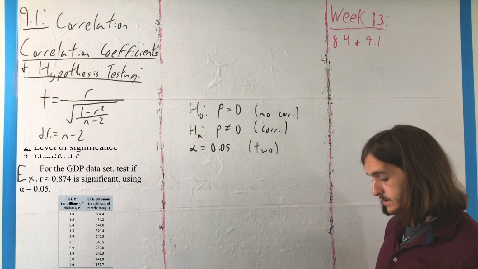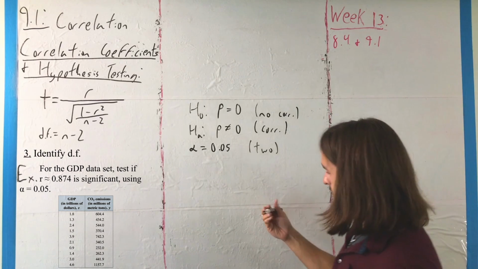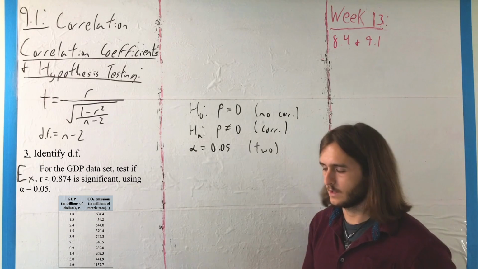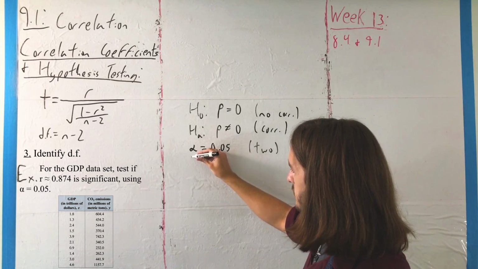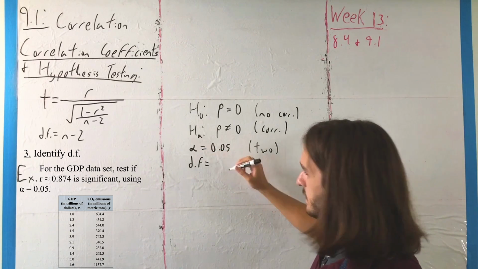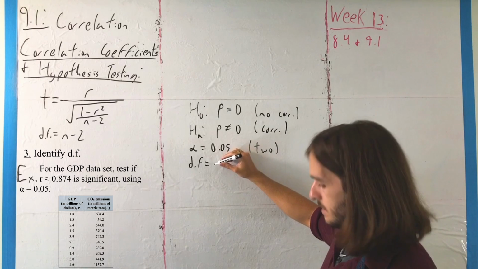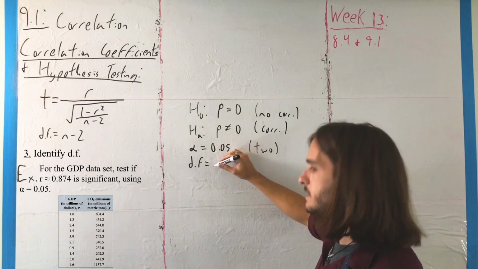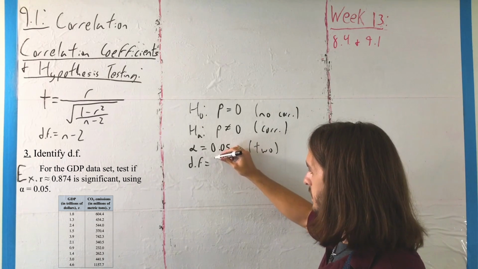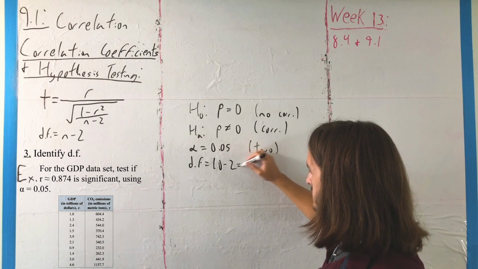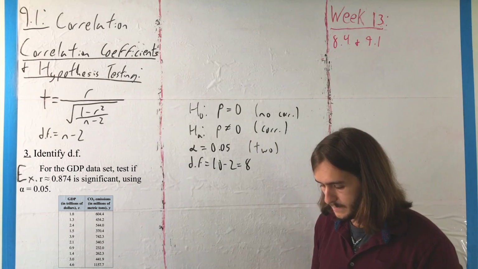From there, we need to get our degrees of freedom. In this case, because we are running a correlation test, our degrees of freedom will be given by the formula n minus 2, where for that data set, we had 10 countries that we're looking at. So we have 10 minus 2, or 8 degrees of freedom.